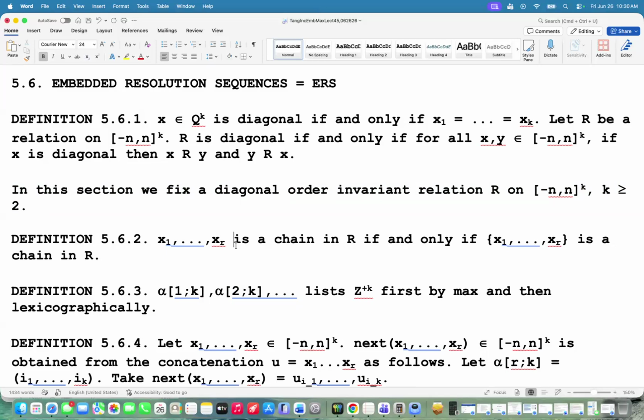Now, given a sequence of k tuples, we need a way of getting a new k tuple out of the old ones, and we use the following idea. First we want to have an enumeration of the elements of minus n to the k.